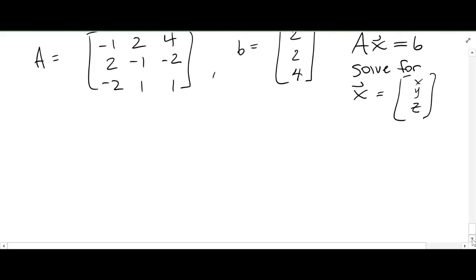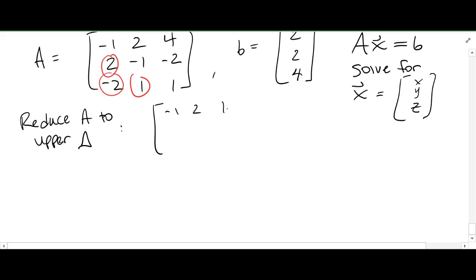Okay, so we want to reduce to upper triangular form, which means we want these entries to be zeros. So first, let's augment A with b so that we can keep track of our operations. Let's say we're reducing this to a 0 first.